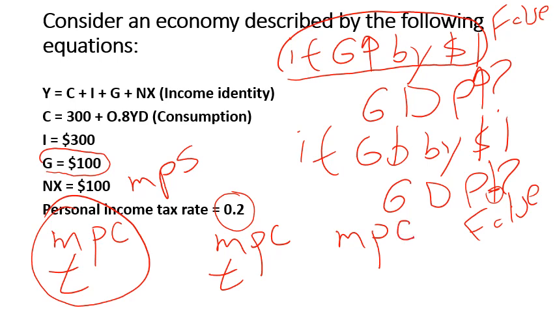The workers are also consumers, so consumers will engage in consumption. So part of it is going to be consumed, part of it is going to be saved, again, based on their marginal propensity to consume and marginal propensity to save, and part of it also will be taxed, right?